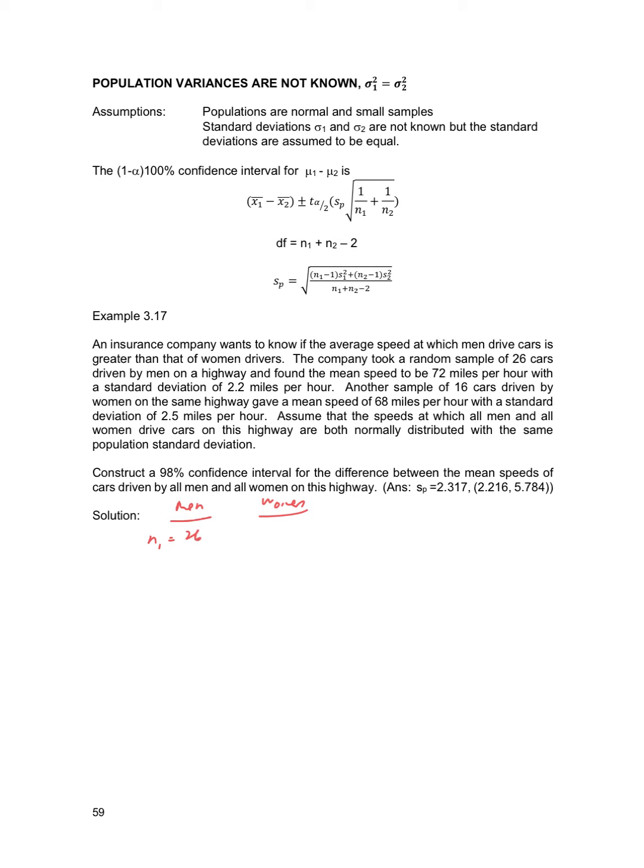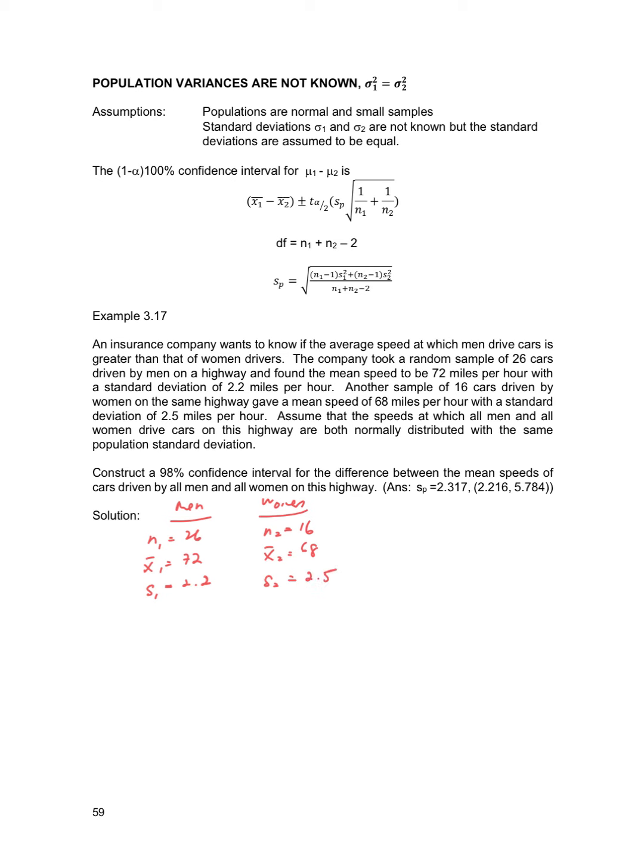Okay, we found that the average speed or the mean speed x bar 1 equals 72 and the standard deviation s1 equals 2.2. And then for women, we have n2 equals 16, x bar 2 equals 68, and s2 equals 2.5.